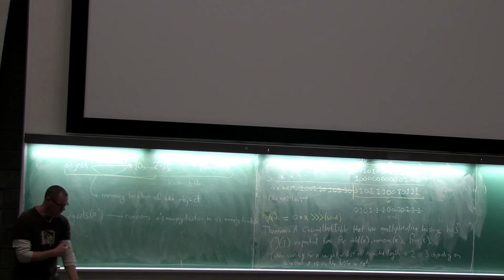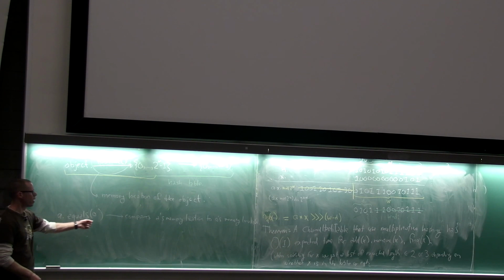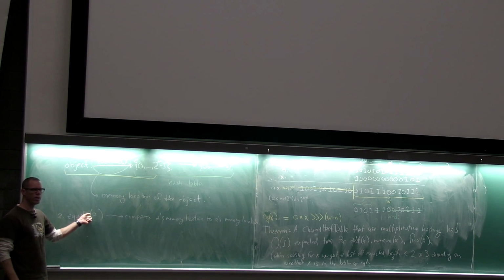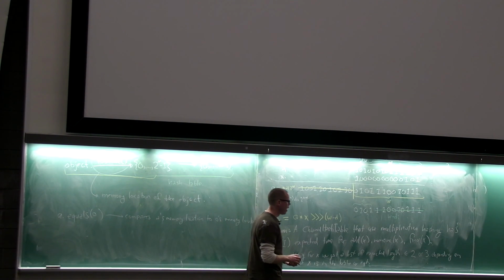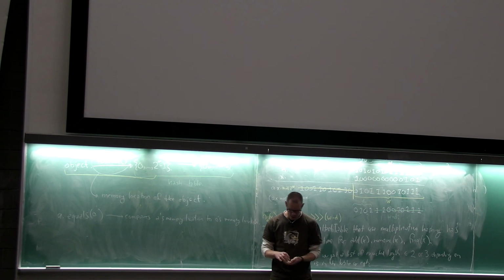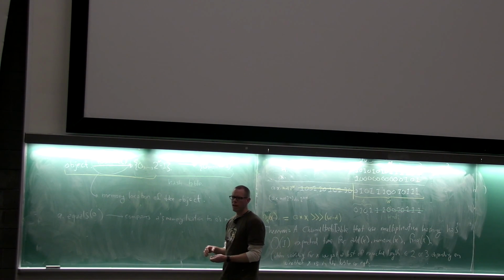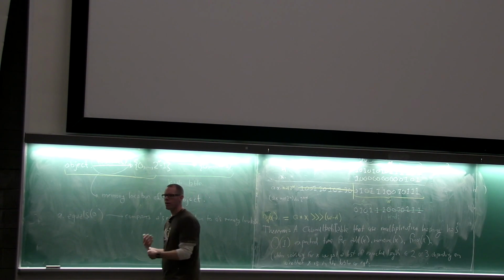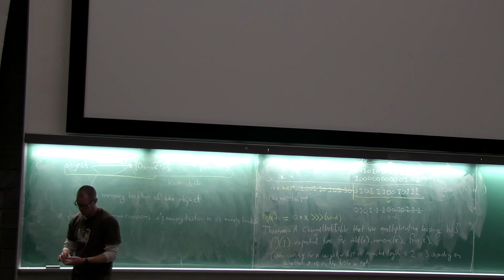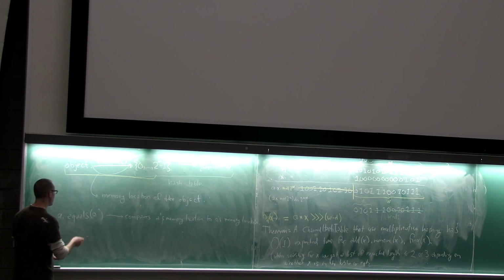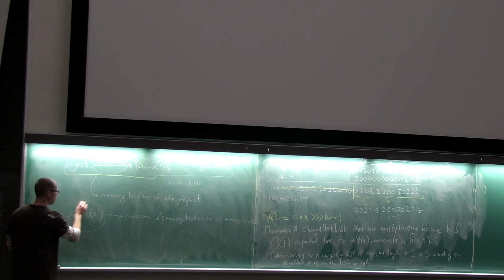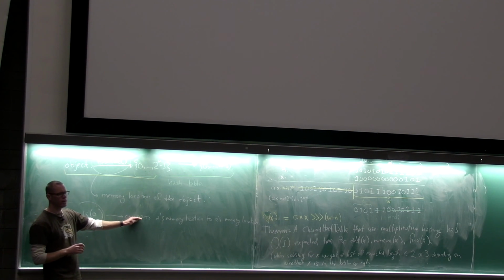Now, sometimes we want a more useful definition of equals for objects. Like we might have an object which is a person, and we might say that two persons are equal if their first name is the same and their last name is the same. So sometimes we override equals to mean something other than these things refer to the same object.